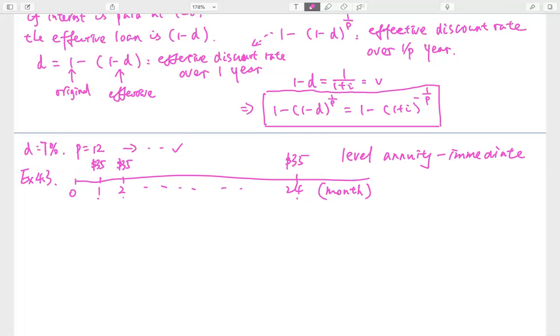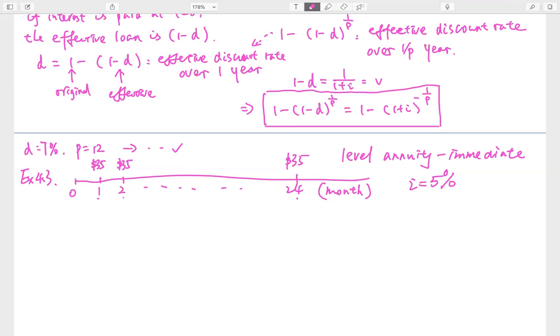The annual effective interest rate, so what we have is i, i is 5%. So what can we do? Again, when we work out the present value formula for annuity, we don't really care about the unit, whether it's year, months, or a quarter.